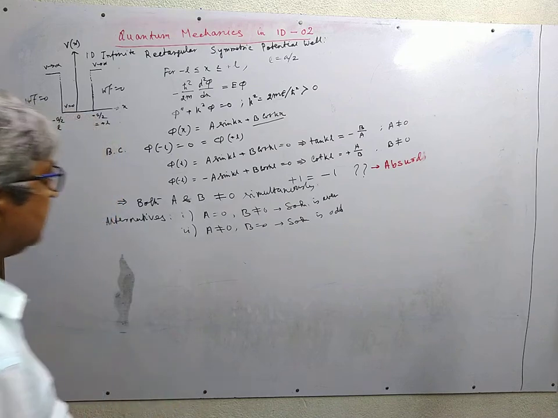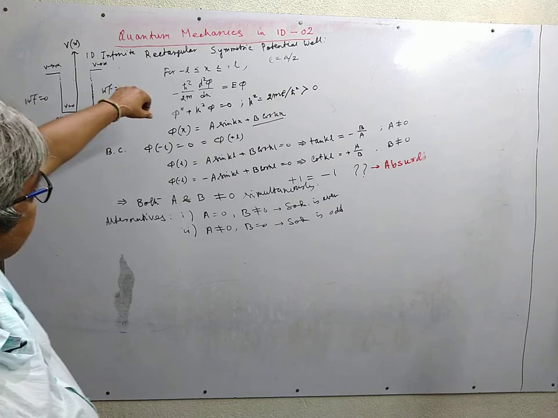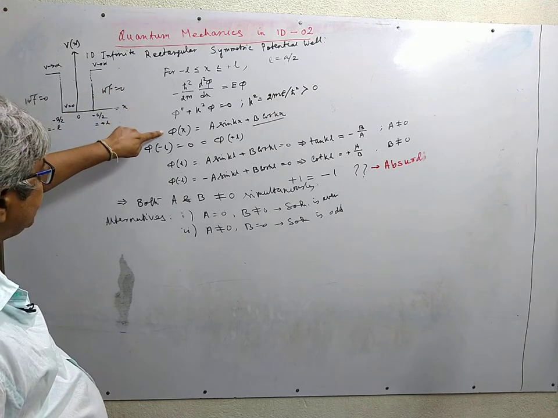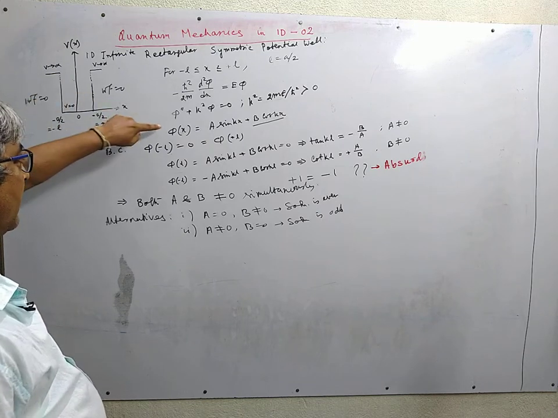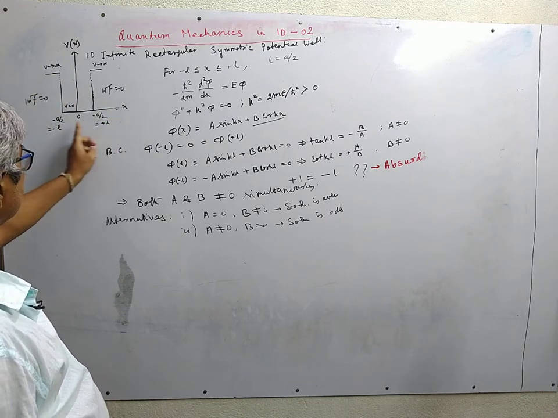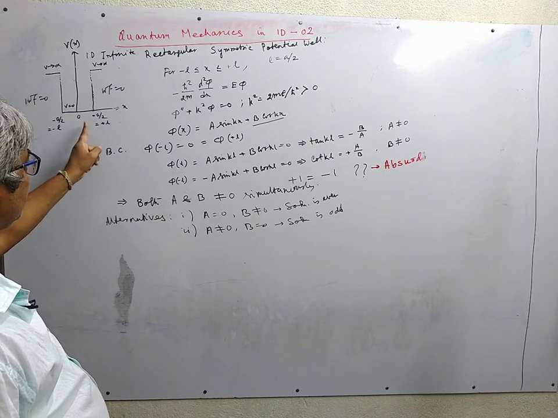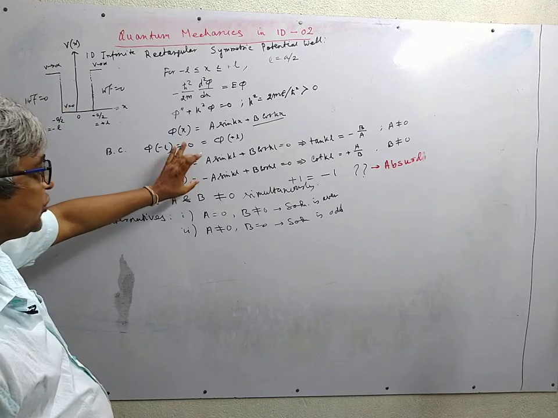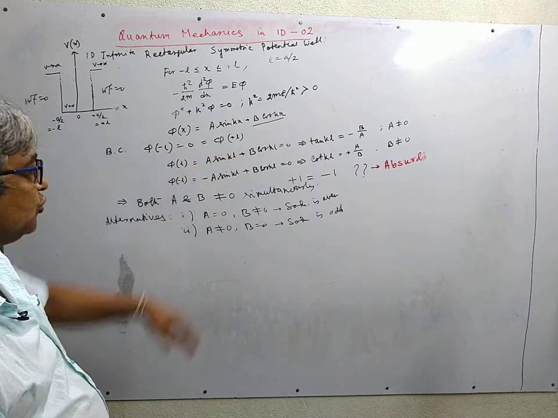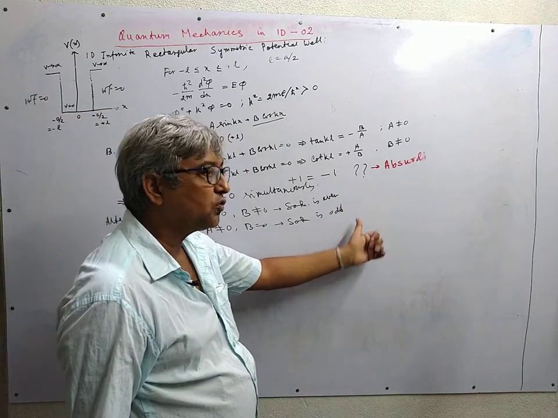So the immediate conclusion is that we cannot have a solution in this fashion if we exploit the proper symmetry of the system. The system has a reflection symmetry about the center of the well. So if we choose the coordinate system which exploits this symmetry, the solution again breaks down into two categories. One is the even family, the other one is the odd family.